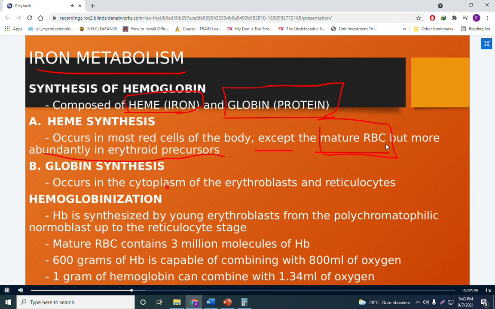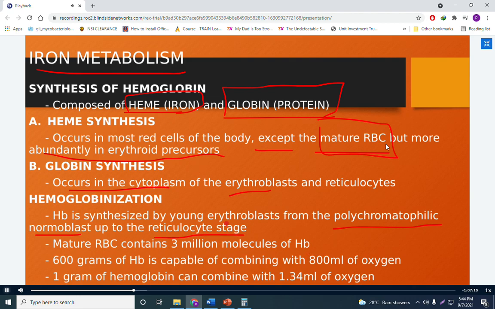Again, this occurs in the cytoplasm of your young erythrocytes or your erythroblasts. As hemoglobinization occurs, meaning the start of the production of hemoglobin, this starts as early as the polychromatophilic normoblast until the reticulocyte stage.